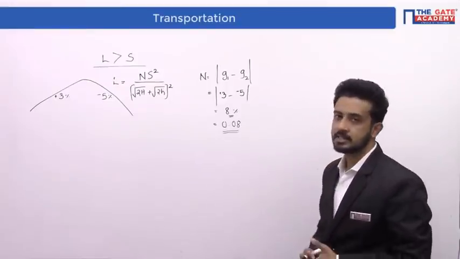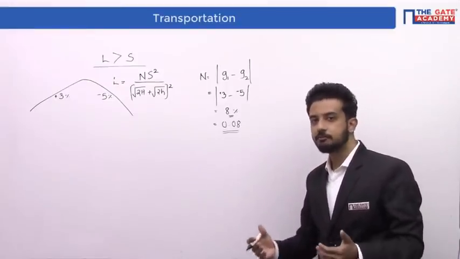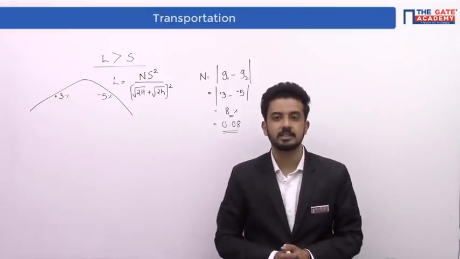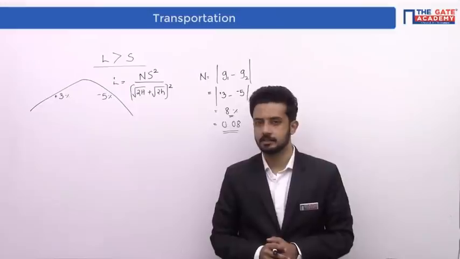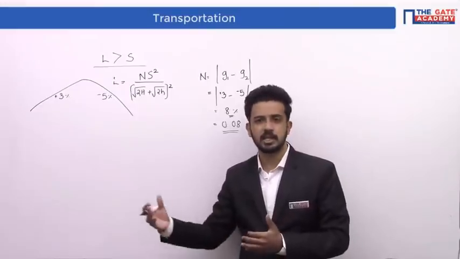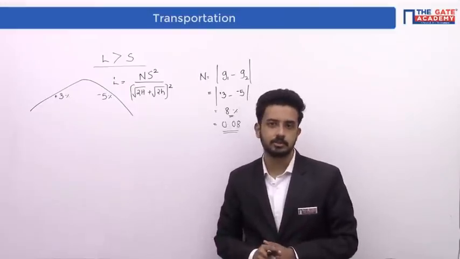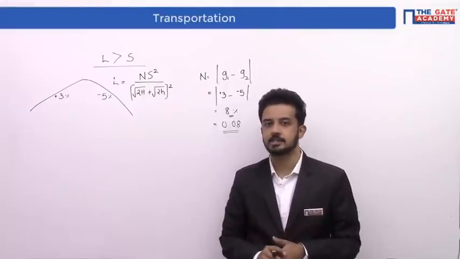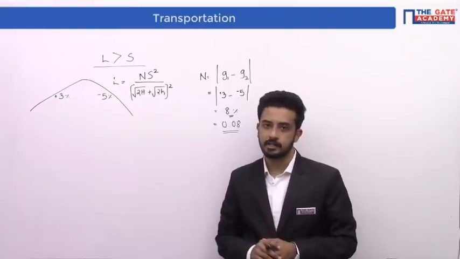Okay, what is S? It is the safe sight distance. So in this question, what is the sight distance? Stopping sight distance they have given. Sometimes they can ask you overtaking sight distance also. Then a different equation. In that equation also we have S, but there it will be overtaking sight distance.